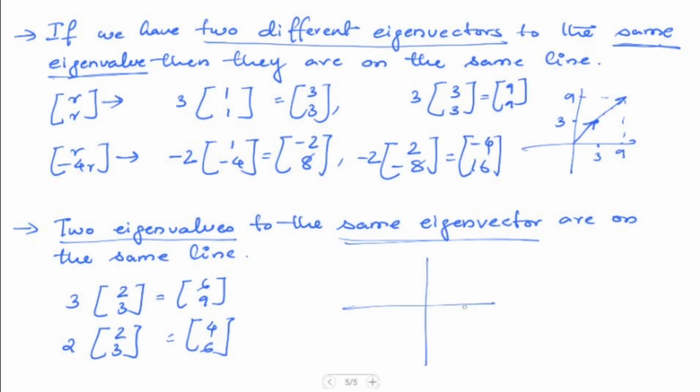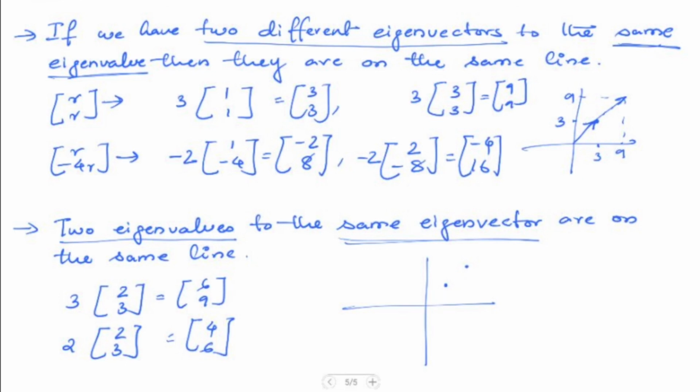So here you have 6, 9, which will be, let's say, somewhere here. And then you have 4, 6, which will be somewhere here. So yeah, they'll be on the same line because they are just multiples on the line of the vector 2, 3.